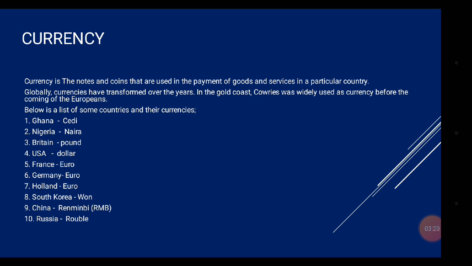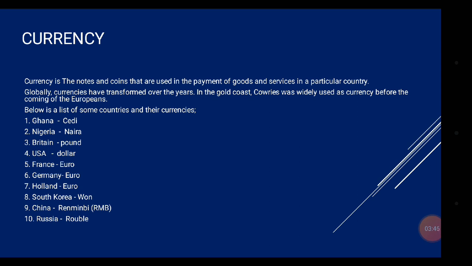Below is a list of some countries and their currencies. One, Ghana, the Ghana cedi. Nigeria spends the naira as currency. When you go to Great Britain, they spend the British pound.